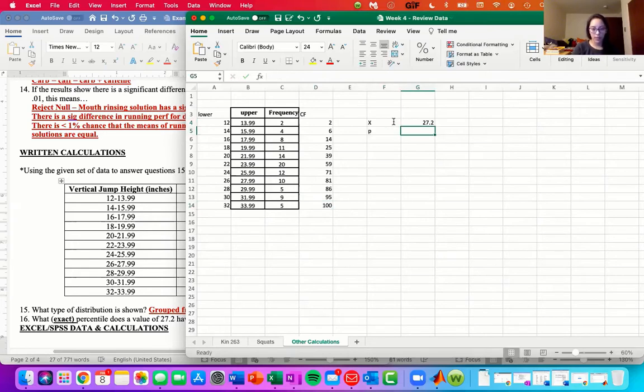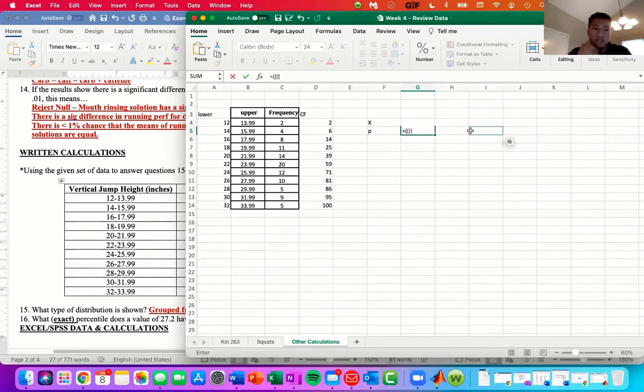Okay, so P would be equal to, we have 4 parentheses, okay? What goes in the first set of parentheses? Your actual value of 27.2 minus the lower bound of where it falls into that group.